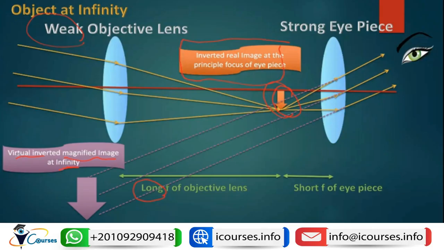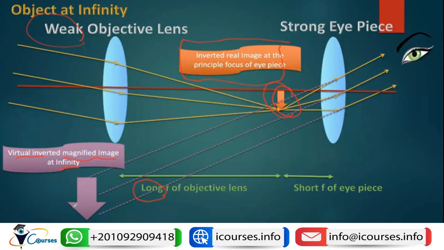So why is it virtual? Because it is formed by extension of light rays. Why is it inverted? Because of the direction of the rays. The object at the start was inverted, and then the extension of the object was also inverted. Why is it magnified? Because the object is now brought closer toward the eyepiece, so that it subtends more angular magnification at the nodal point of the eye, giving a magnified image.